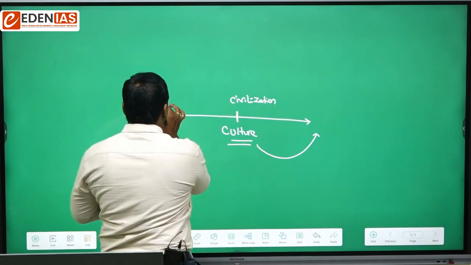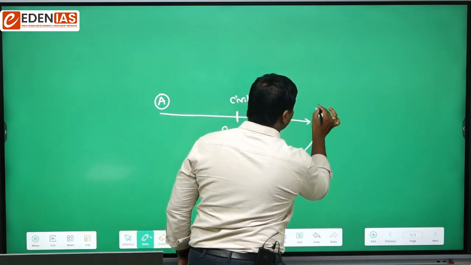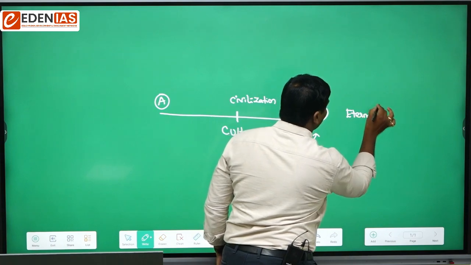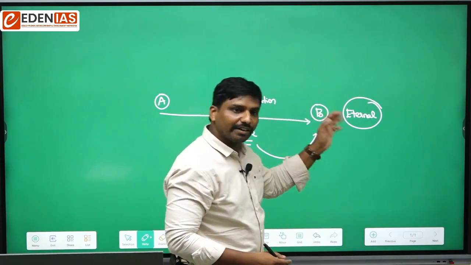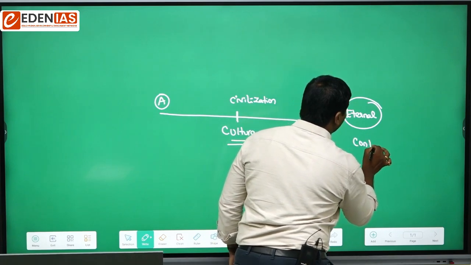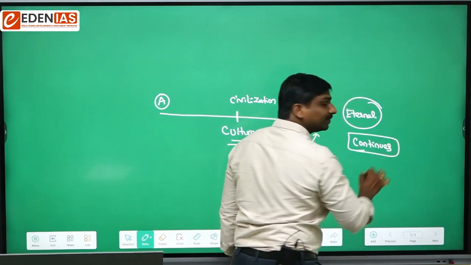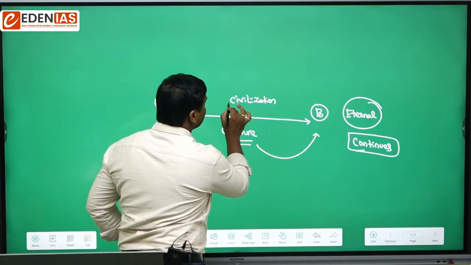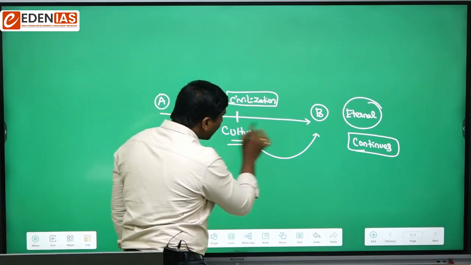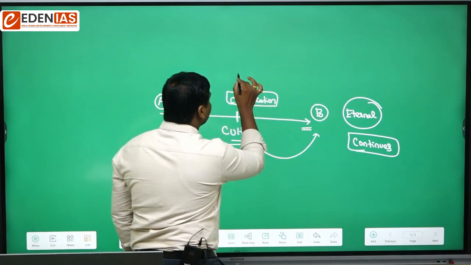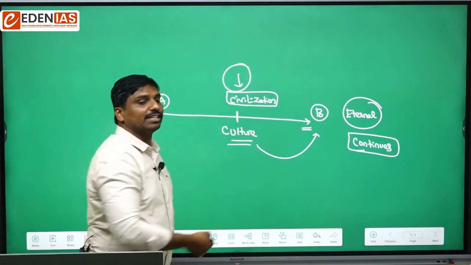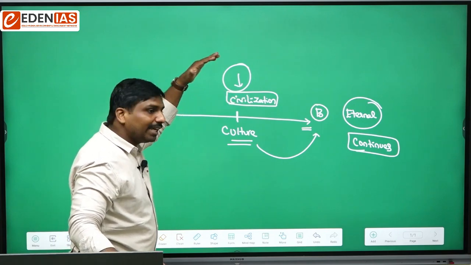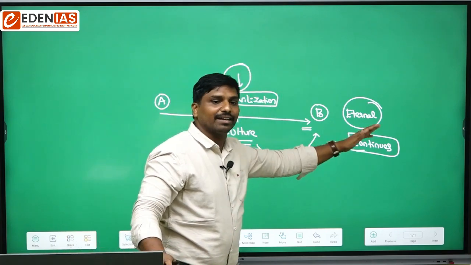If our journey is starting from point A to B, that means culture is eternal. That means if provided some factors will continue, culture is eternal, or culture keeps on continuing. So in this journey of culture, we will attain a progressive state, that is civilization. So in order to achieve this end, we are reaching this point as civilization as a means. Are you getting that? So civilization from that point of view would be a means to achieve an end, that is called culture.